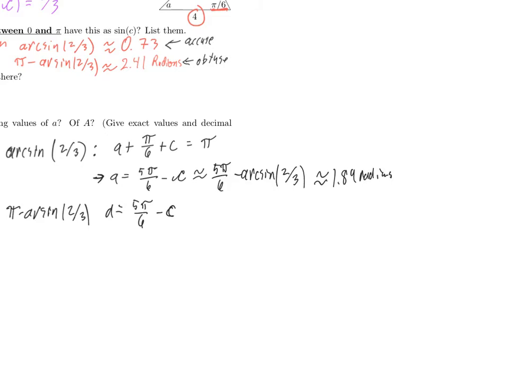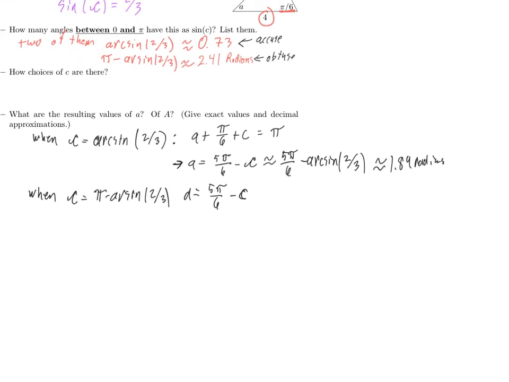The remaining one, in the case that c instead is pi minus arcsine of 2 over 3, well, let's write down what that is. That is 5 pi over 6 minus, let's put the parentheses in, pi minus arcsine of 2 over 3, because that stuff inside the parentheses, that is c in this instance. And let's work out what that is. 5 pi over 6 minus pi becomes negative pi over 6.